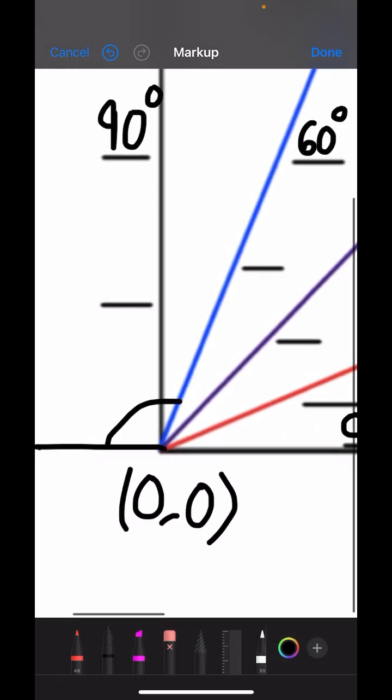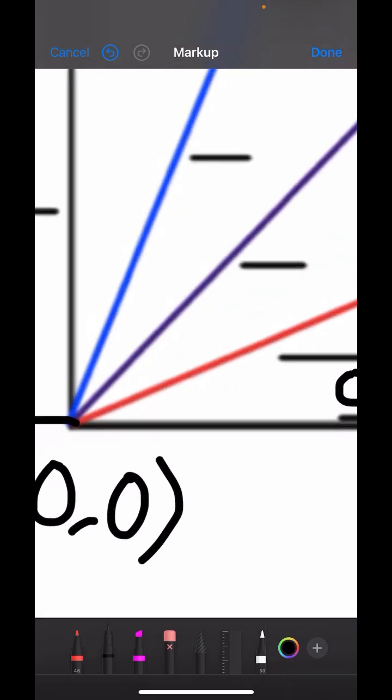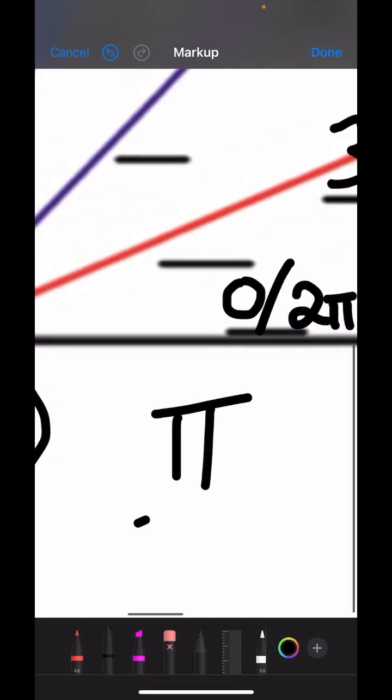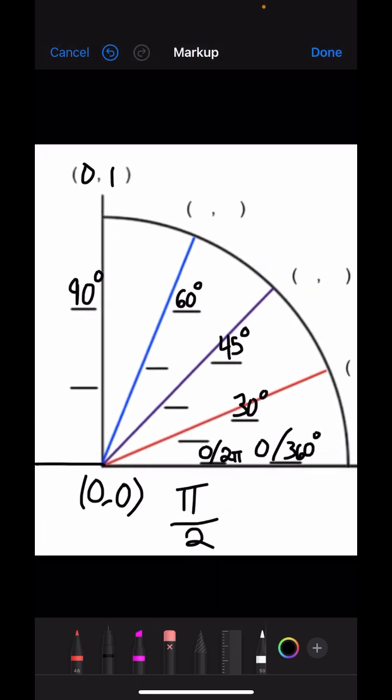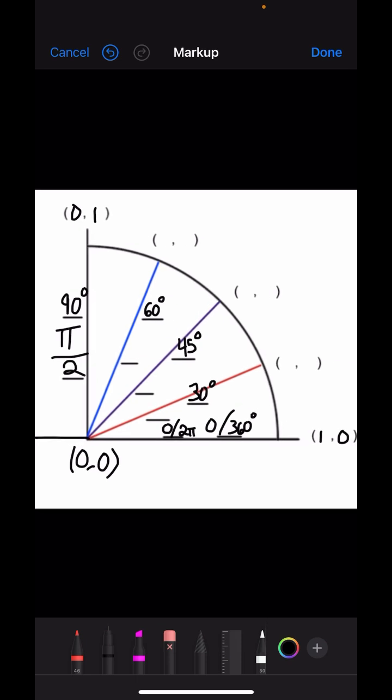So this is just pi, but then half of pi, if we take pi and we divide it by 2 to get half of pi, that's what goes right here. Because this quadrant is a fourth of 2 pi. So 2 pi divided by 4 is pi over 2.